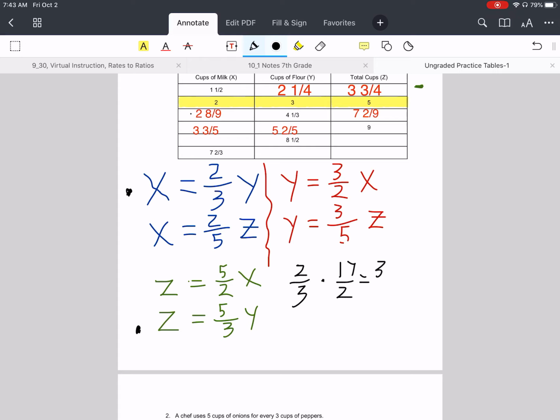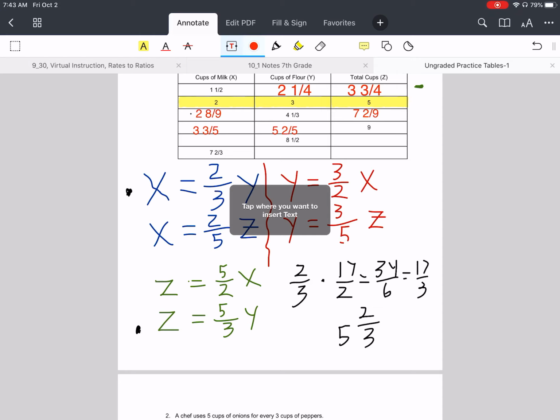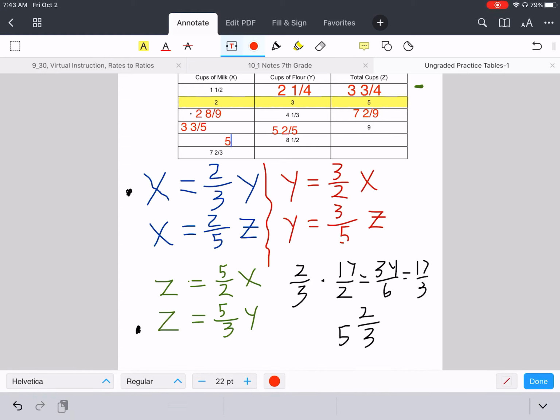That's going to equal 34/6, which simplifies to 17/3. We know that 3 goes into 17 5 whole times. There are 2 left over. So we know the x value is 5 2/3.